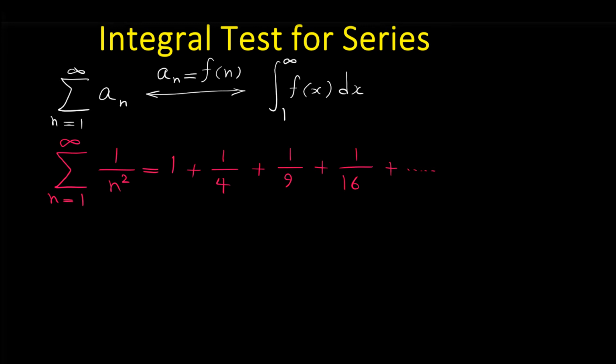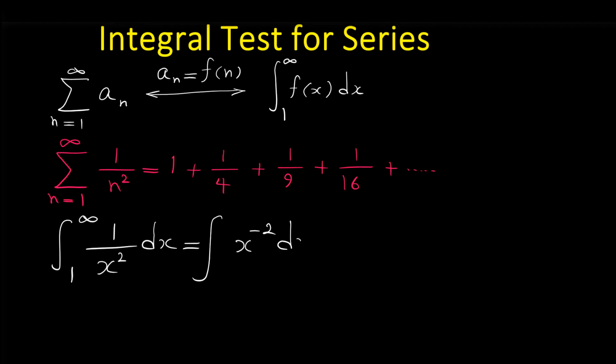The relevant integral to this series is the integral from 1 to infinity of 1 over x squared dx. For finding this integral, we can bring x squared to the numerator and write it in the form of x to the negative 2 dx from 1 to infinity.